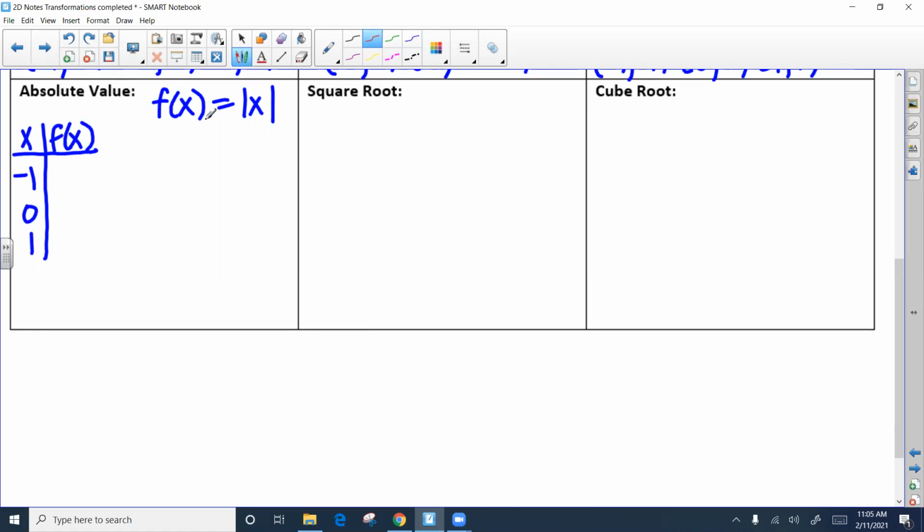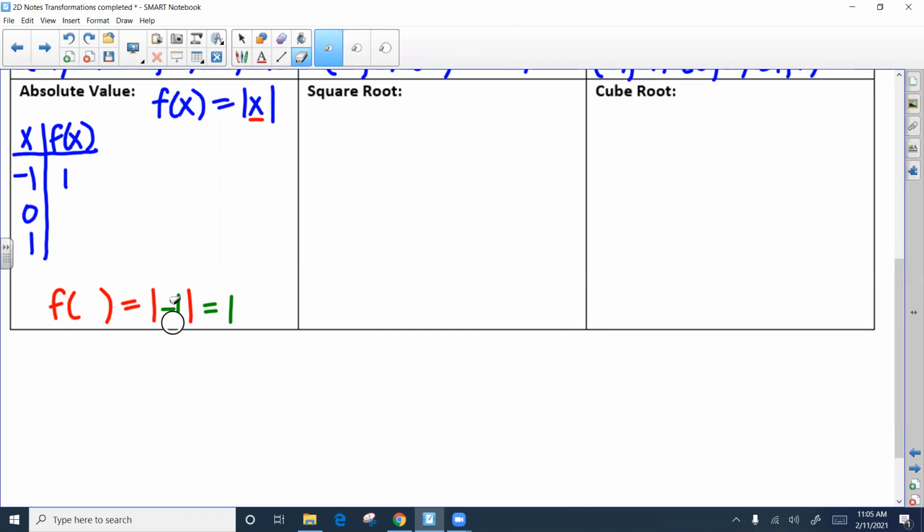And for my output, I'm going to plug them in to this absolute value function. So f of x equals absolute value of x. If I plug in a -1, f of -1 equals absolute value of -1. Absolute value of -1 simplifies to just +1.